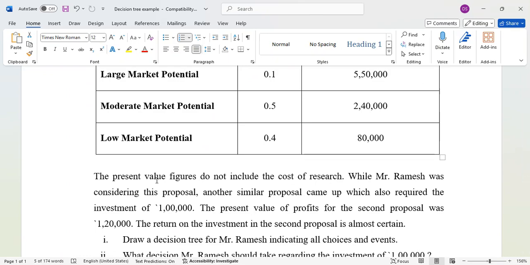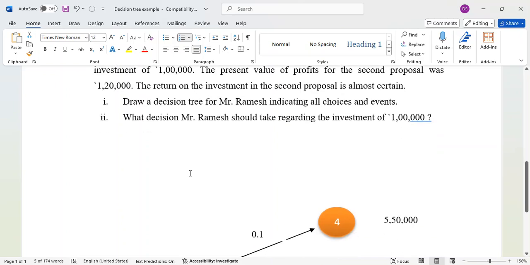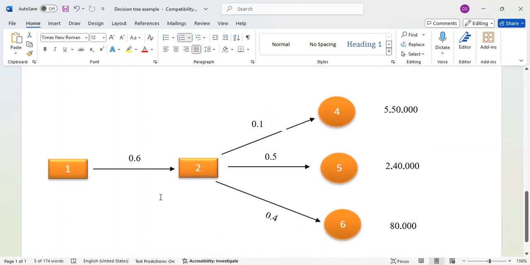Taking this into consideration, I am preparing a decision theory model, or you can say a decision tree. It has been highlighted in front of you. One thing you have to check is that something is highlighted in the form of brackets, which are the decision points, and something in the form of circles, which are called the event points.